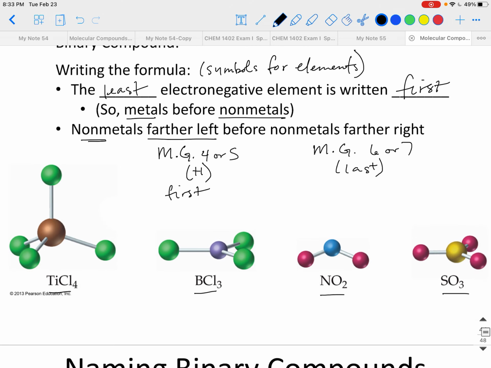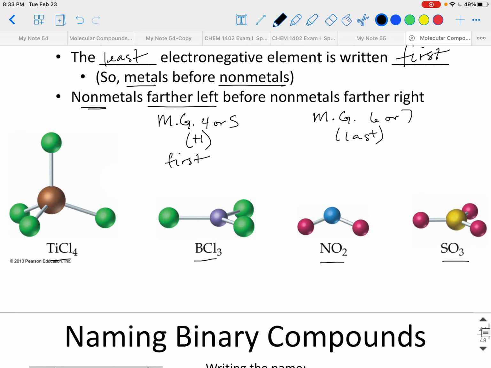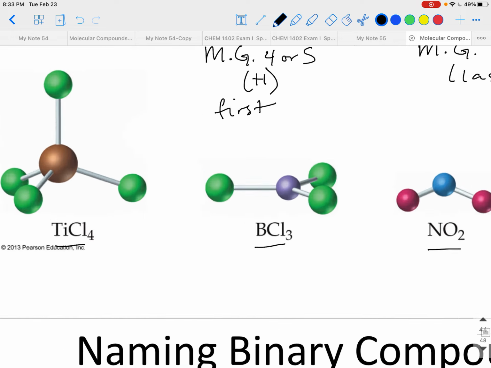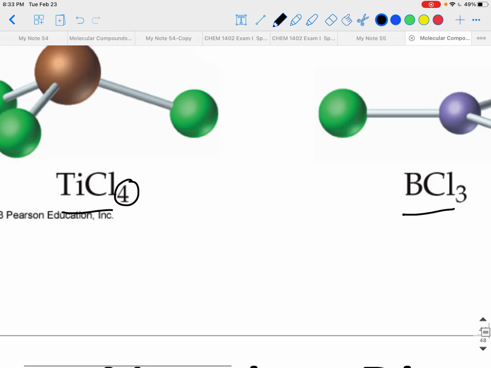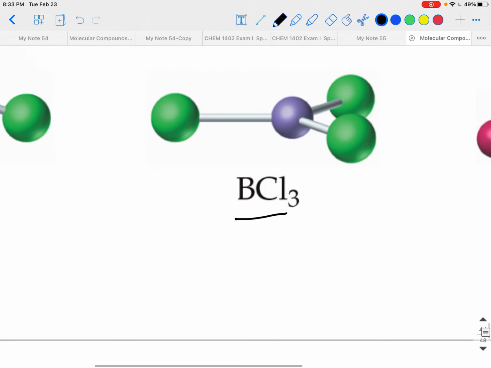Okay. So that's how you'll order them, and then you also need to include a subscript, a number that tells you how many atoms of that element are in the formula. So for example, TiCl4, okay? This 4 tells me the number of chlorines. And then remember, if you only see the elemental symbol, there's just one of that atom.